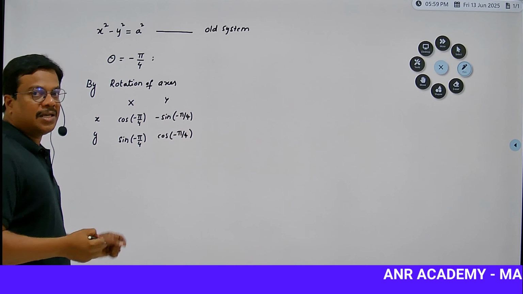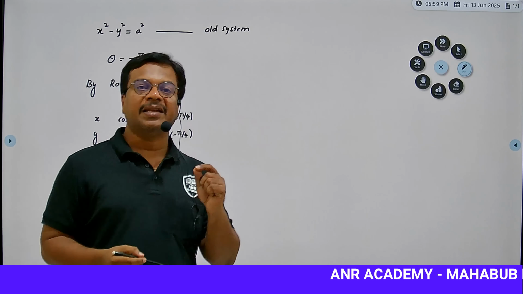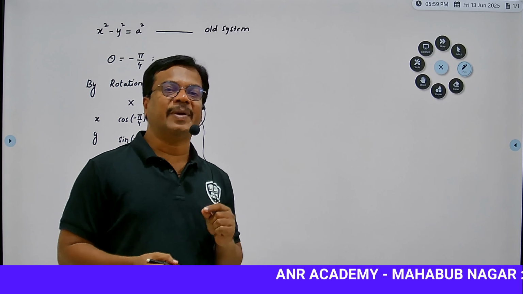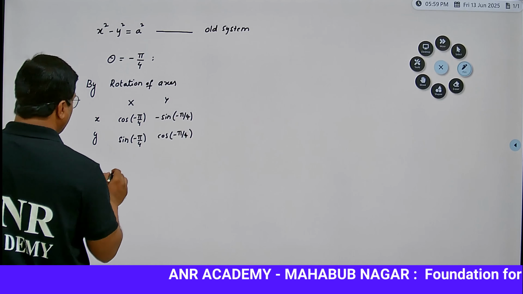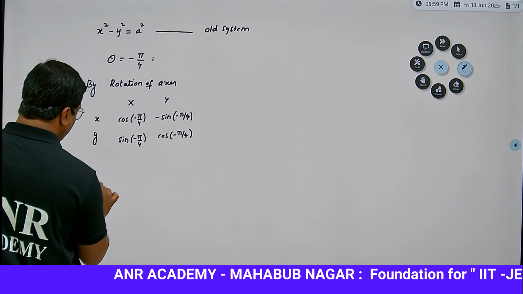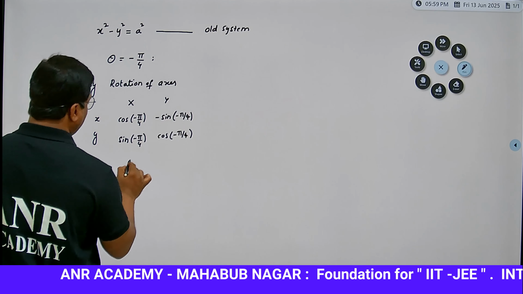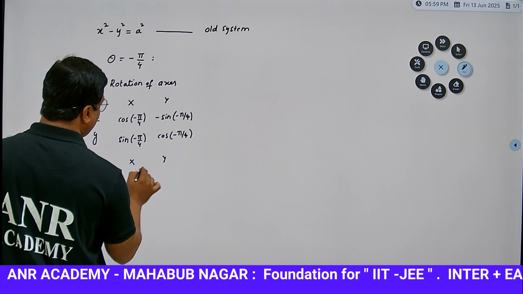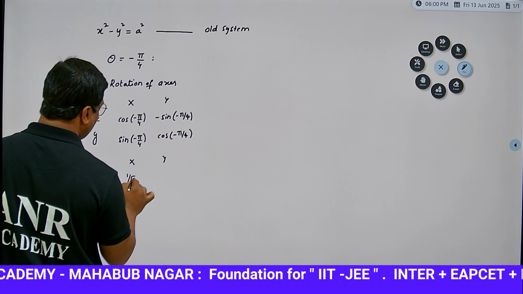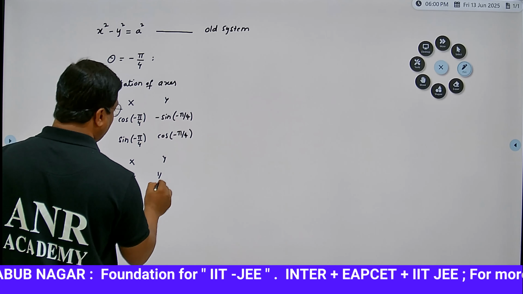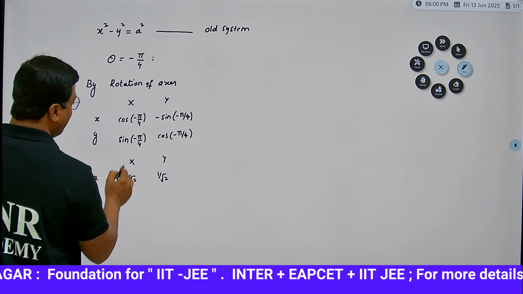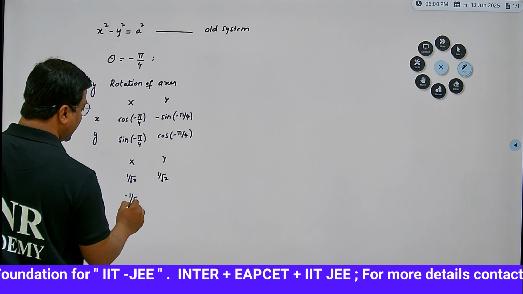You know that cos of minus theta is again cos theta, but sin of minus theta is minus sin theta, so the same tabular form we get in this way. This is 1 by root 2, and this is plus sin pi by 4, nothing but again 1 by root 2, but here it is minus 1 by root 2.